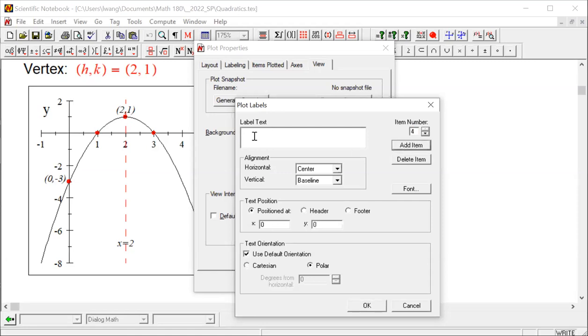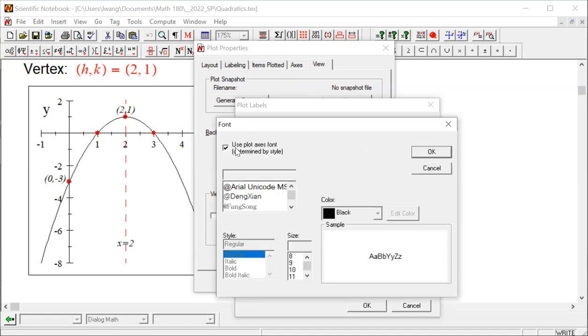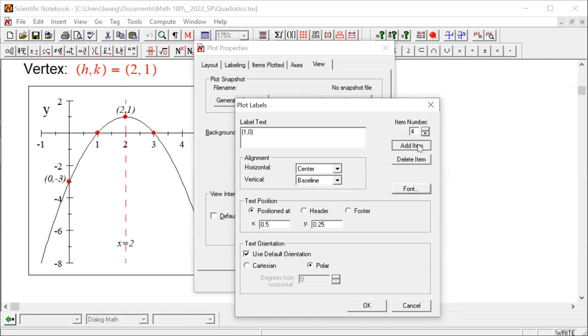X-intercept has a special meaning, we understand, right? We have 2 inputs with the same output of 0. So we want to mark them properly. And here we go, here's 1. And there's another one.